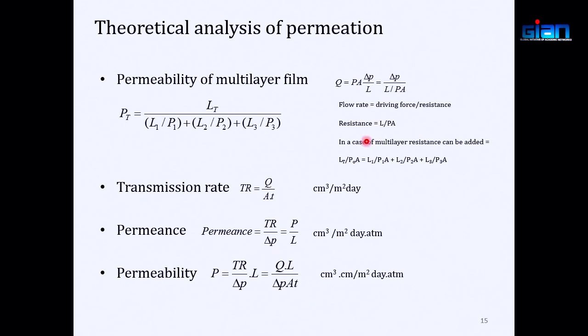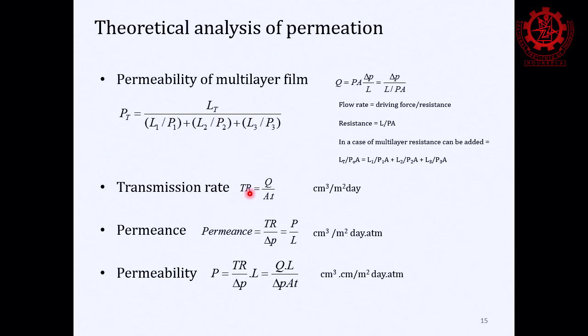Okay, and you can add this resistance in series. So if you have a multi-layer film, they have different thickness, L1, L2, L3, and of course surface area is the same, and the permeabilities are different, so you can add up in this way, and then the overall permeability of this multi-layer structure would be in this form.